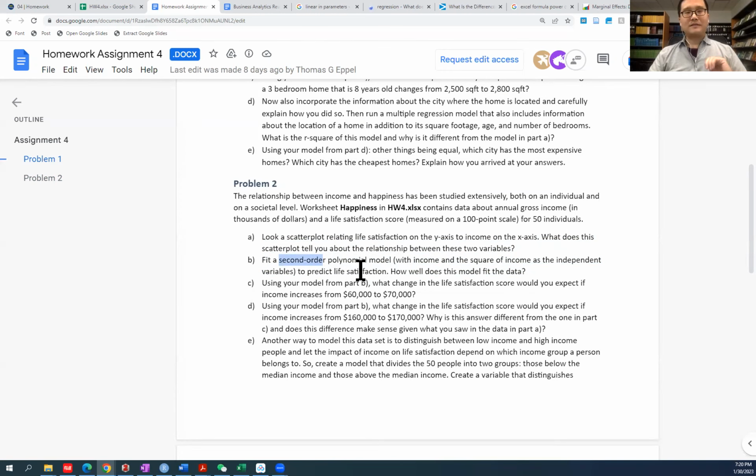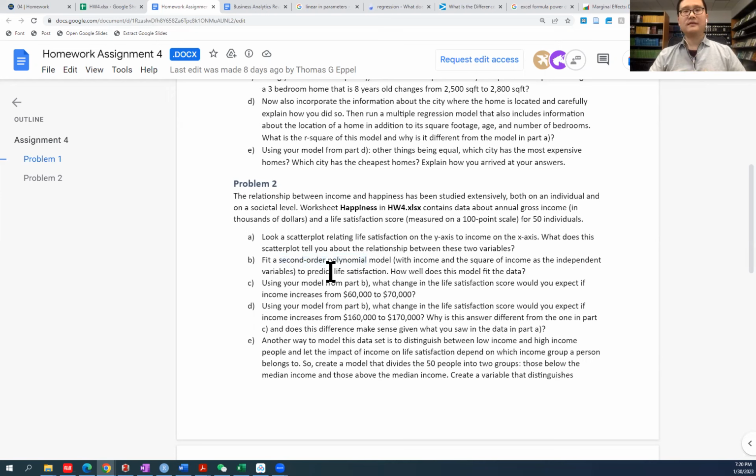Here in problem 2 part B, when it says second order polynomial, it means that in a predictor, we should have a variable and its squared version, both included.